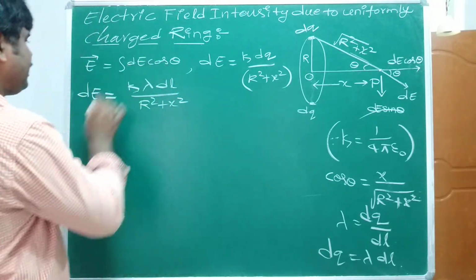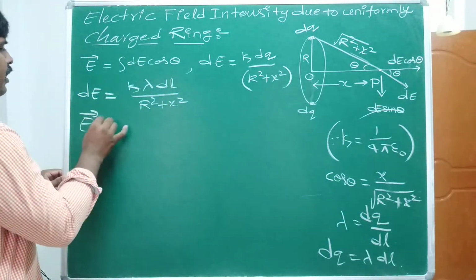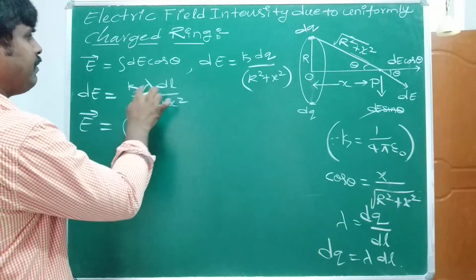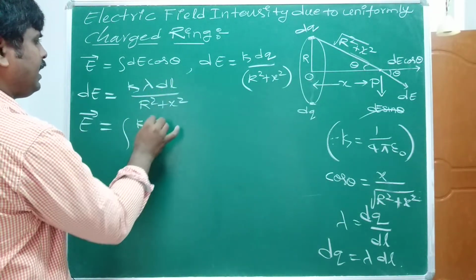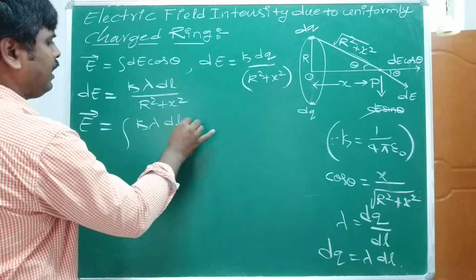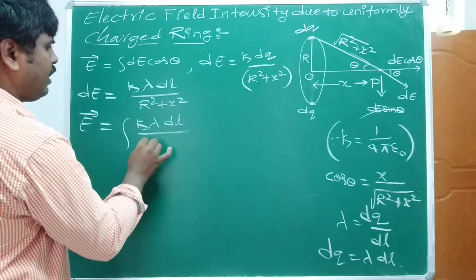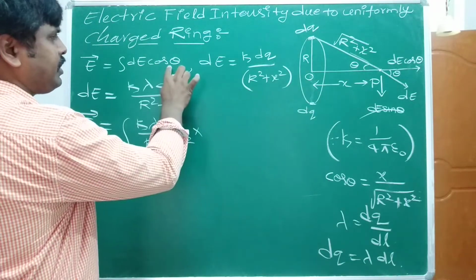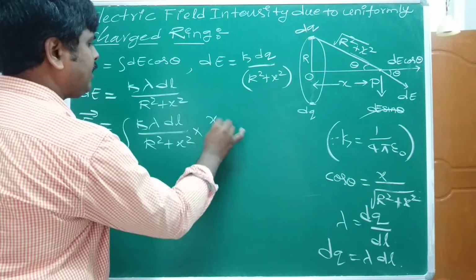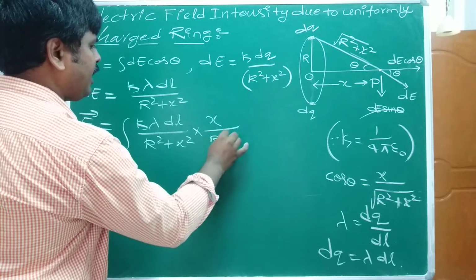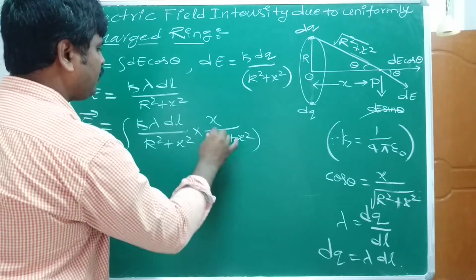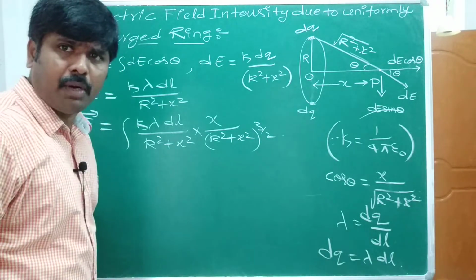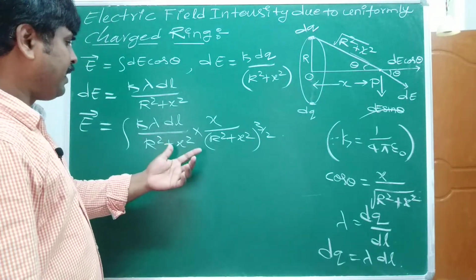So the resultant equation is E bar equal to the integral of dE, which is k lambda dl divided by r square plus x square, into cos theta, whose value is x divided by r square plus x square whole to the power of 3 by 2. Try to understand, the value is replaced here.